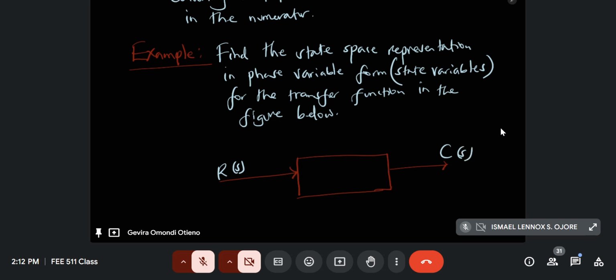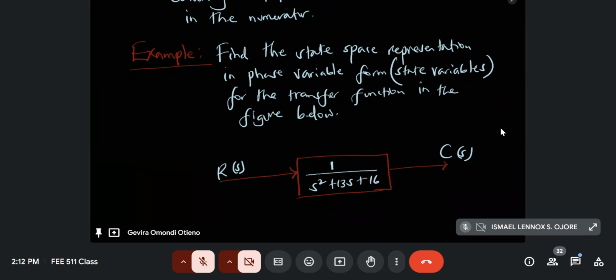The transfer function we are given here, let me just use a simple one, is 1 over S squared plus 13S plus 16.